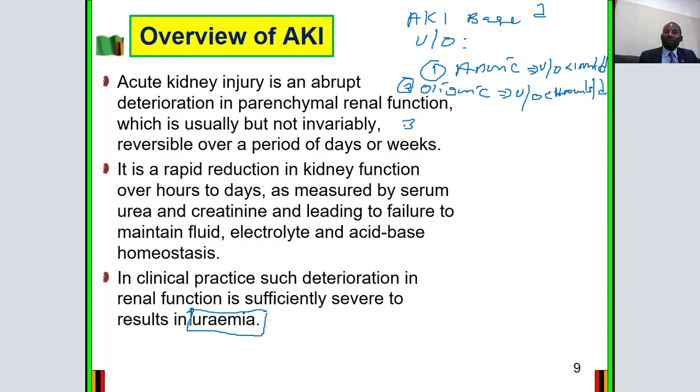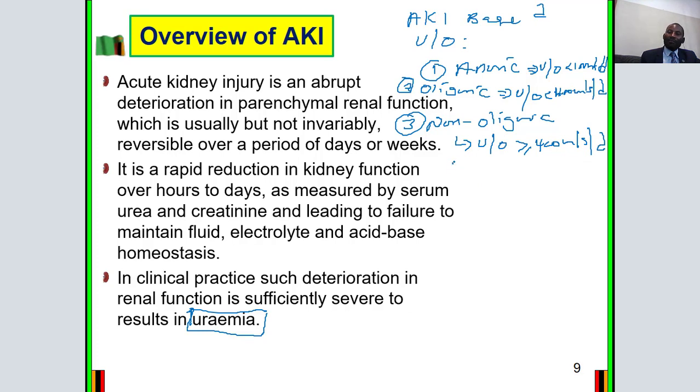Okay. Then we also have non-oliguric AKI. This is when the urine output is equal to or above 400 mils per day.